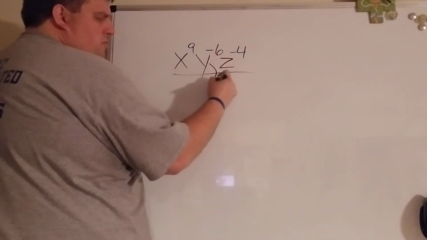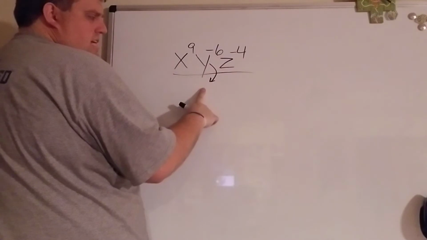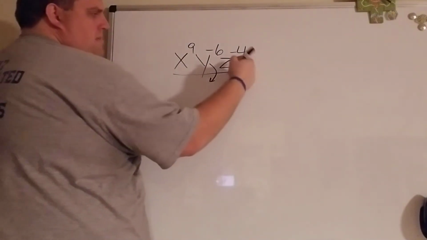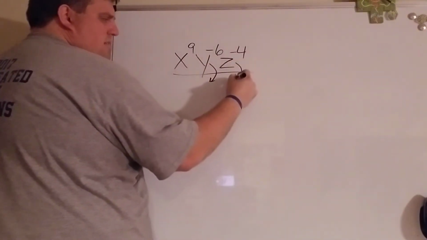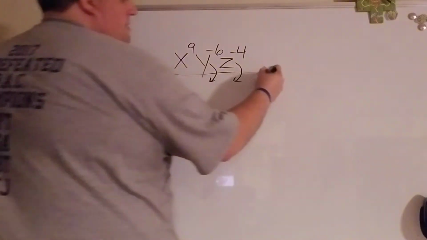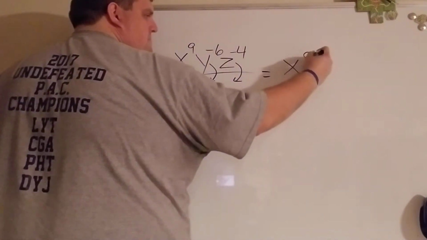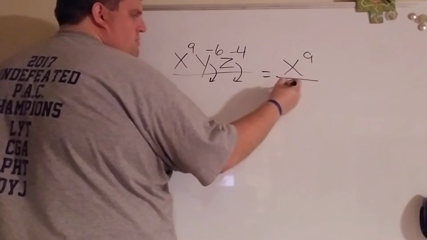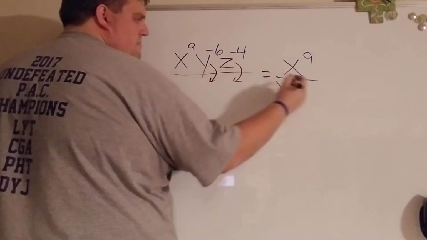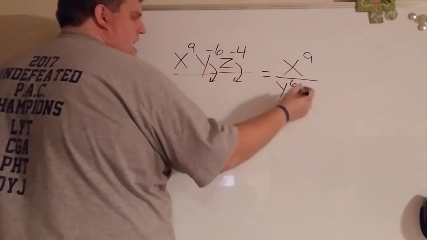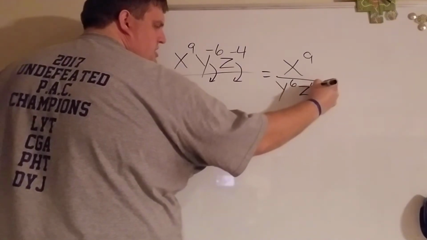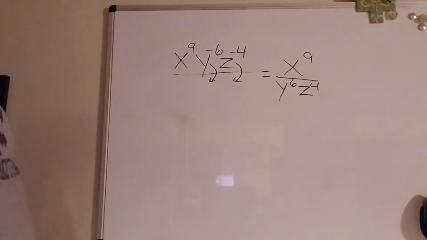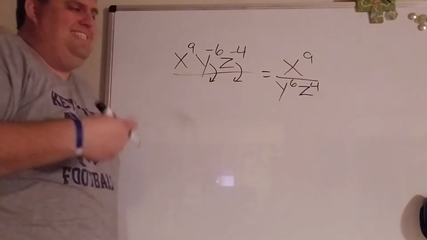Y would move because it has a negative, so it's going to flip where it's at. It'd go to the bottom. Z has a negative, it would also flip where it's at. So my final answer, x would stay on the top, y would move to the bottom of the fraction and become positive, and z would move to the bottom of the fraction and become positive. So x to the 9th over y to the 6th, z to the 4th.